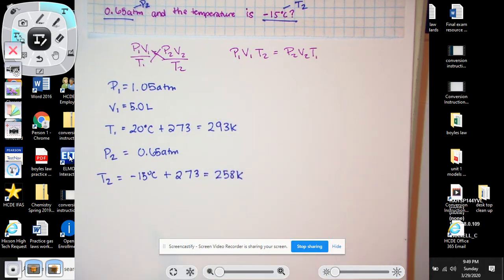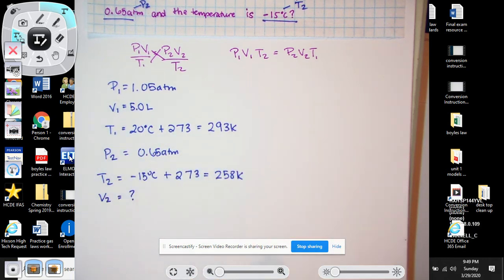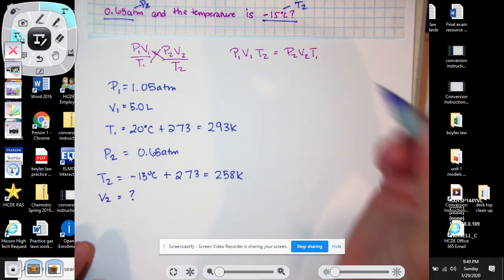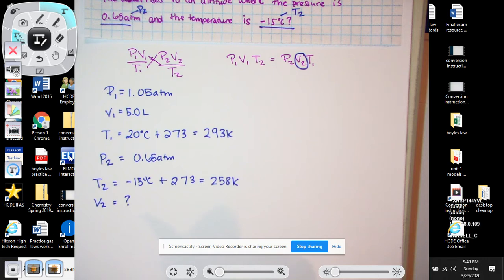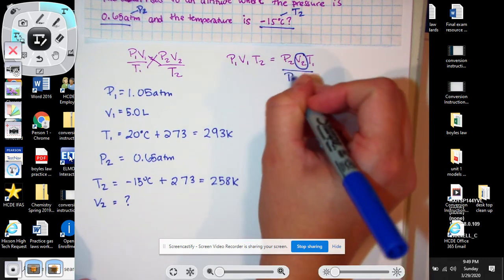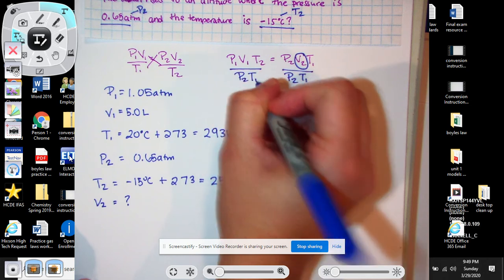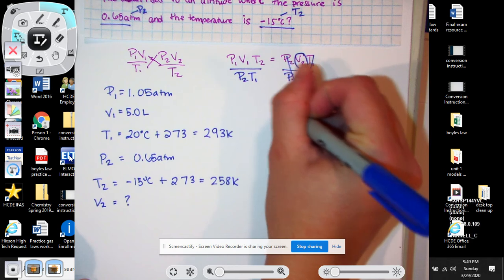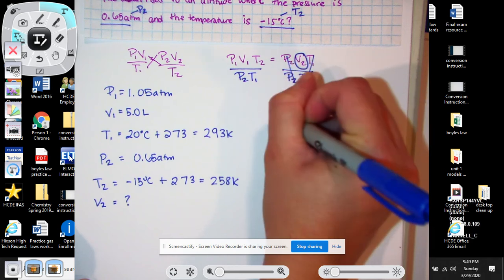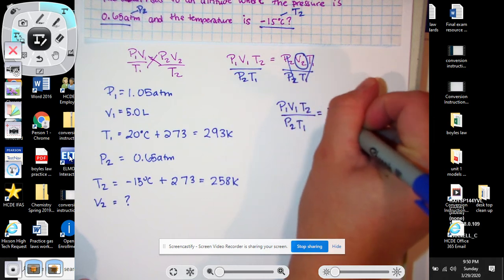So the only thing I'm missing in this equation is V2. So V2 just so happens to be what I'm looking for. So I'm going to circle V2, and I'm going to divide by everyone else. Divide by P2 and T1. These cancel. So I'm left with P1, V1, T2 divided by P2, T1 equals V2.